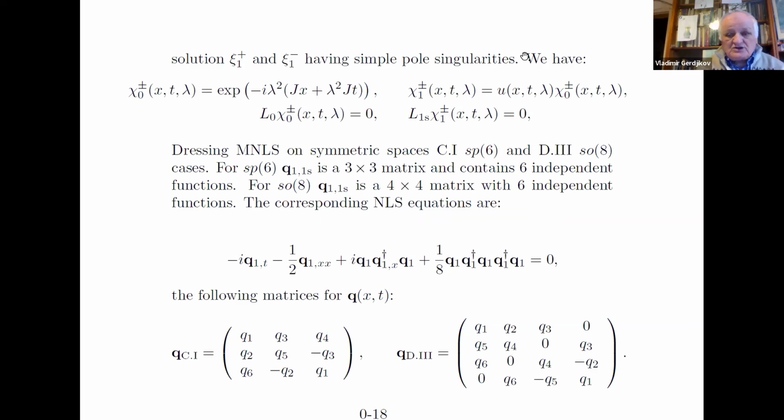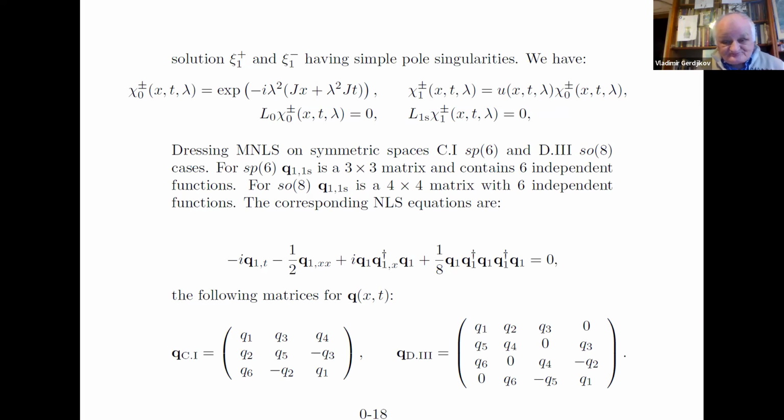And now we will apply the Zakharov-Shabat dressing method to calculate soliton solutions of our multi-component nonlinear Schrödinger equations. How? We define psi naught plus and minus. These were just the standard exponentials, as you remember. And then we will construct chi1 plus and minus, which is obtained from chi0 using the dressing factor of Zakharov and Shabat.